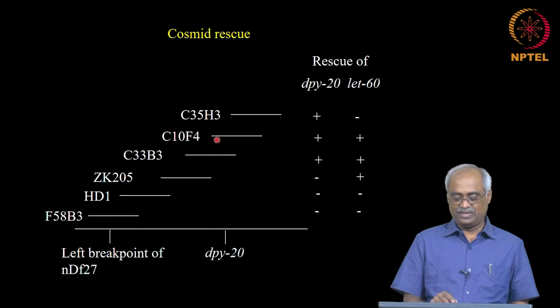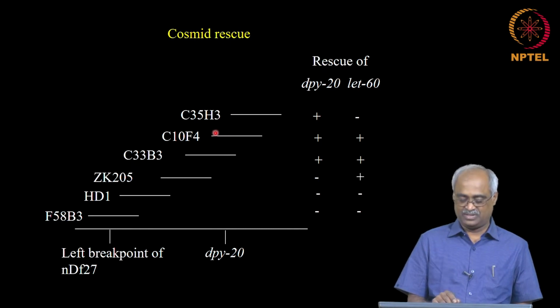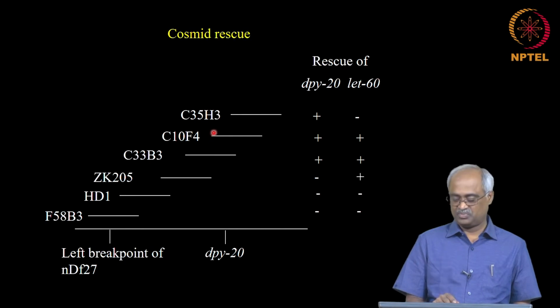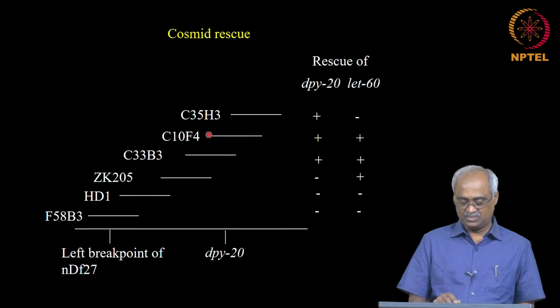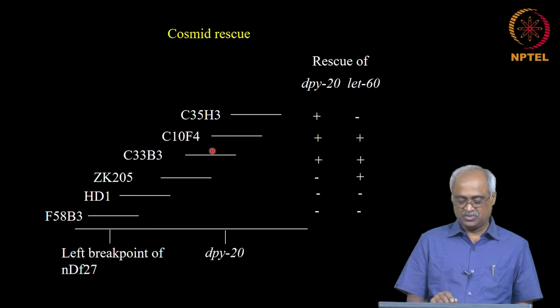It is kind of telling you that maybe dumpy is at this end and let60 is further to the left of it, and that gets confirmed when you go to the next one, which covers that full region, and that also rescues. And then when you go further, you lose the dumpy portion, but you have this portion and therefore let60 is there. So then you get to know it is somewhere in this portion that let60 lies.